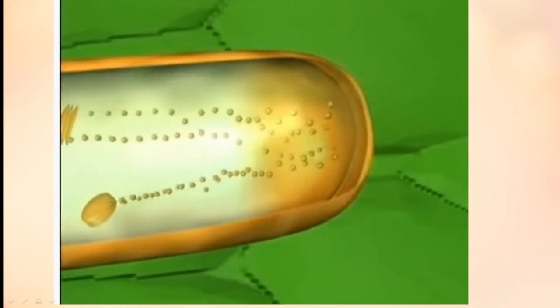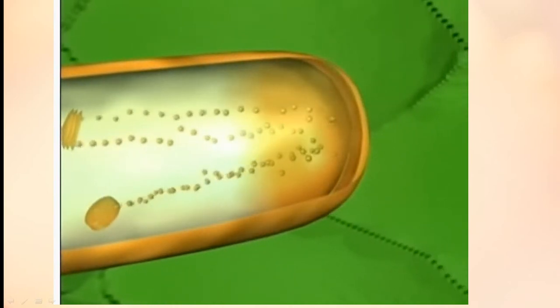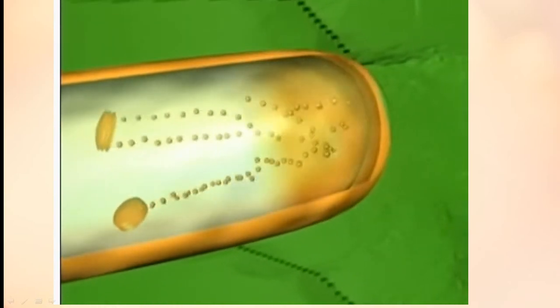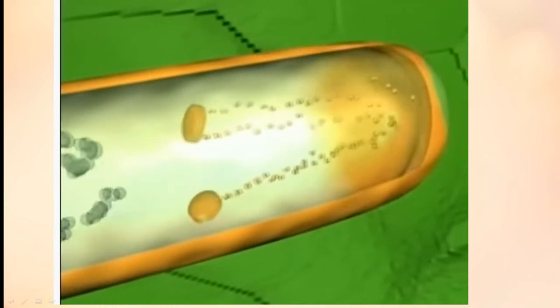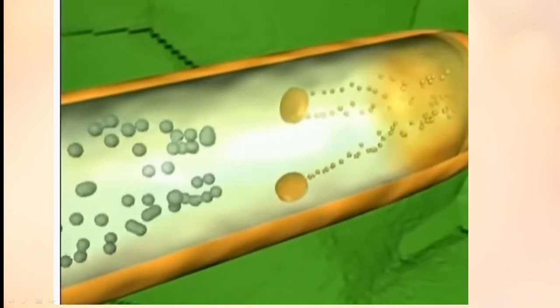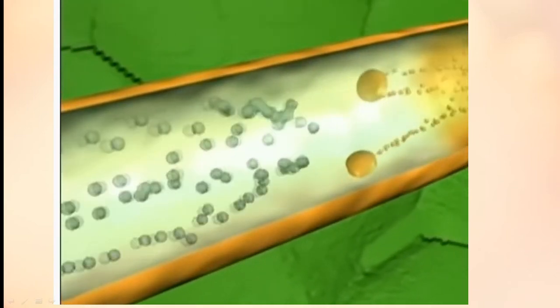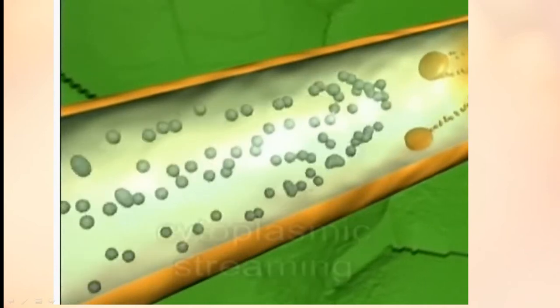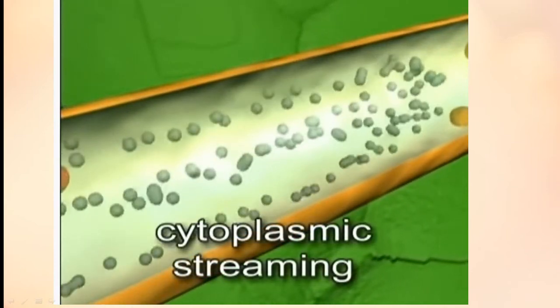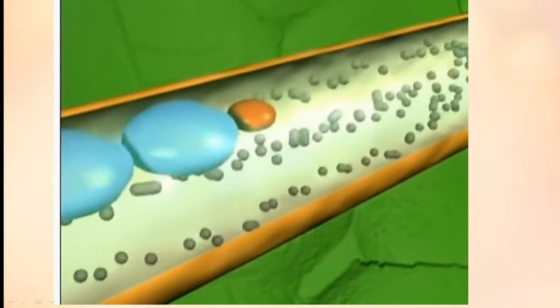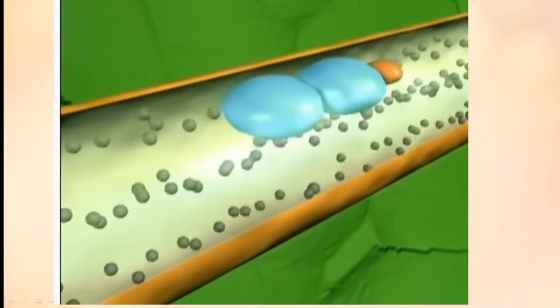Vesicles containing wall material accumulate at the tip, where they are required for wall growth. Behind this, the cytoplasm flows around the cell in regular streams. This is known as cytoplasmic streaming. The 2 sperm cells and tube nucleus continually move forward as the cell grows.